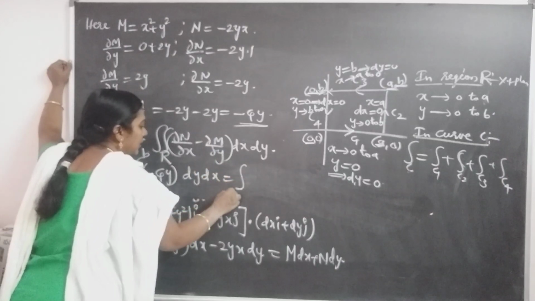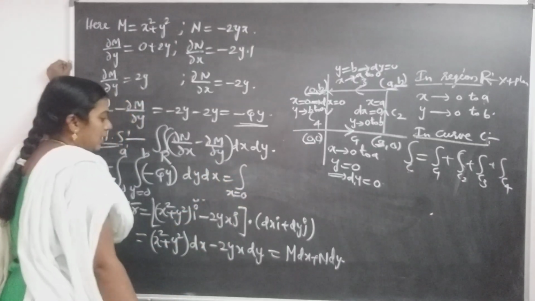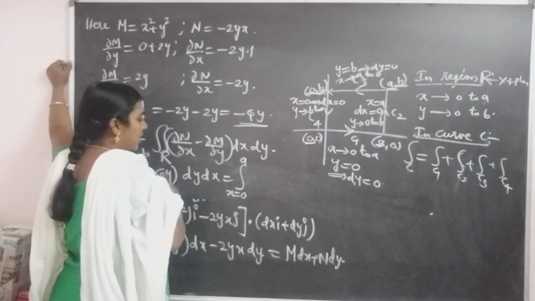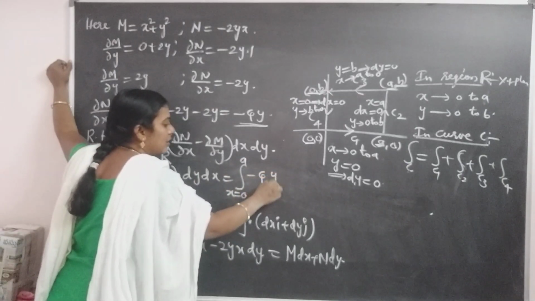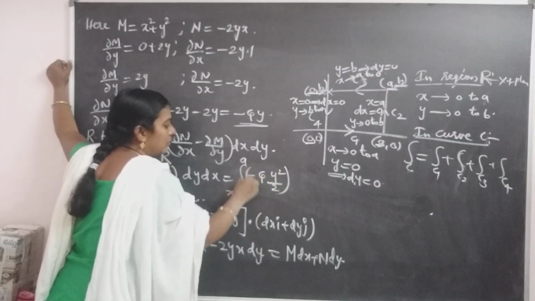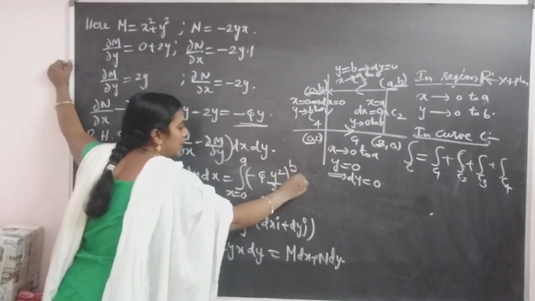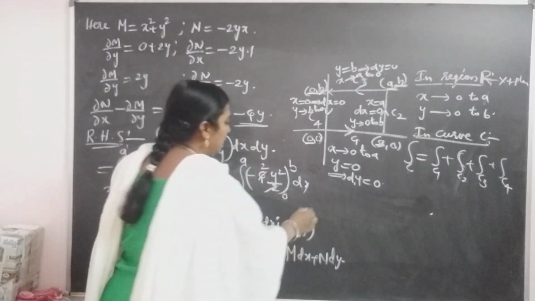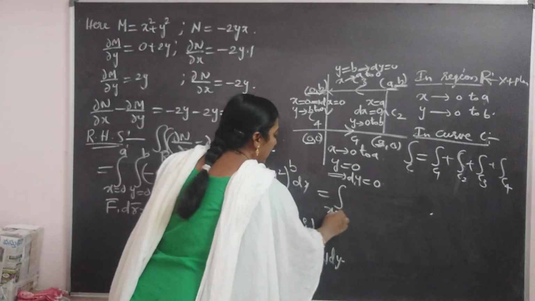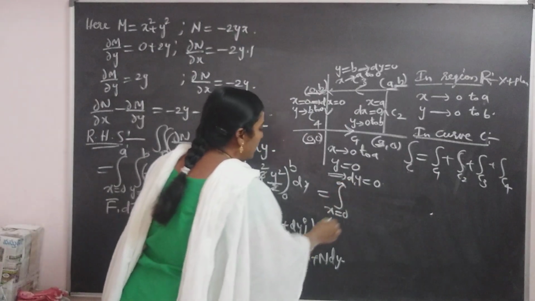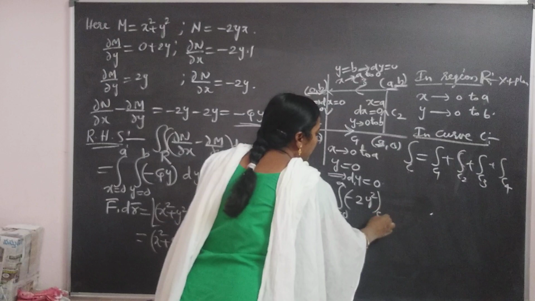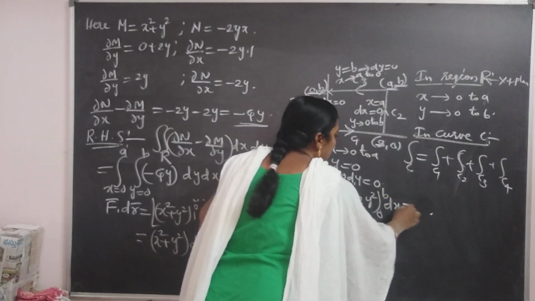It is equal to the integral over x from 0 to a; the integration of minus 4y is minus 4y square by 2, limits from 0 to b, into dx. 2 1s are 2, 2 2s are 4. This is equal to the integral x from 0 to a of minus 2y square, limits from 0 to b, dx.